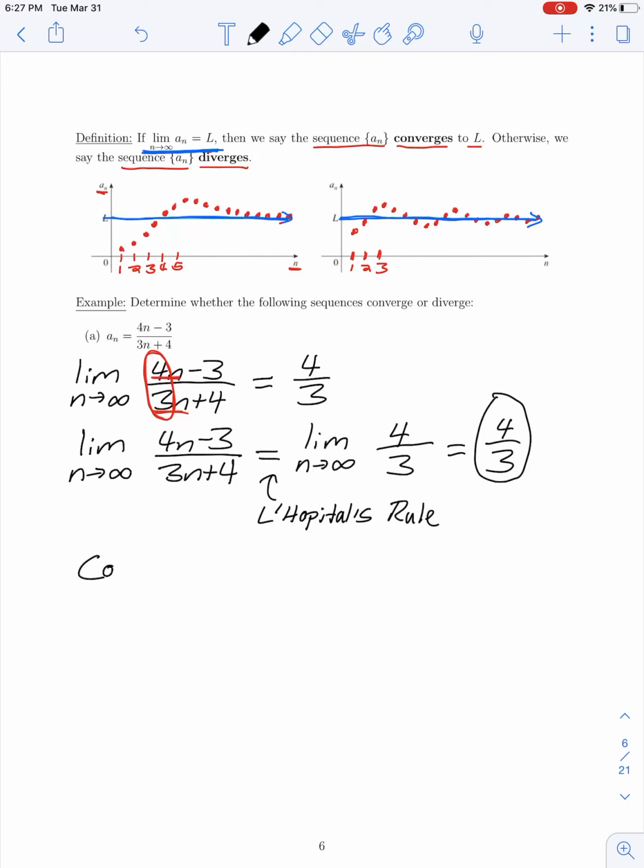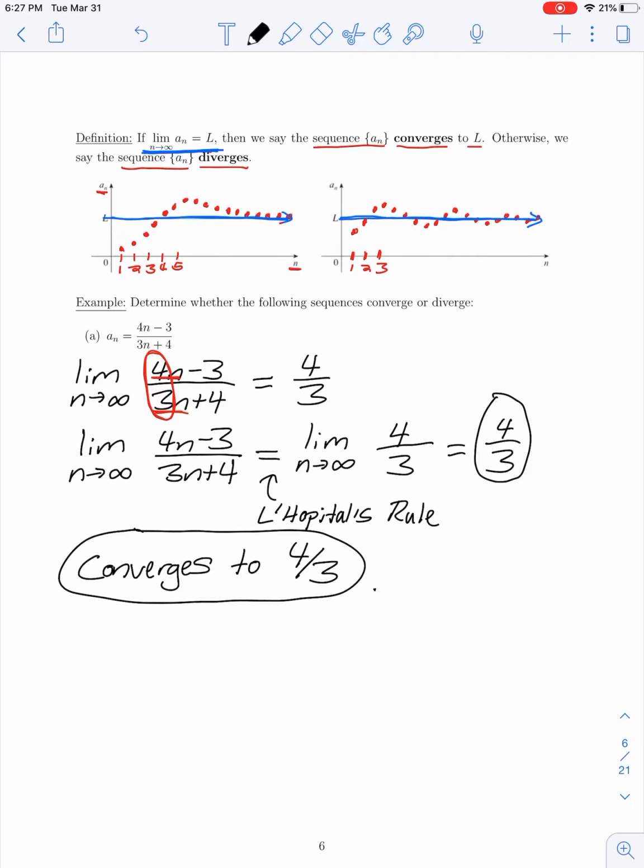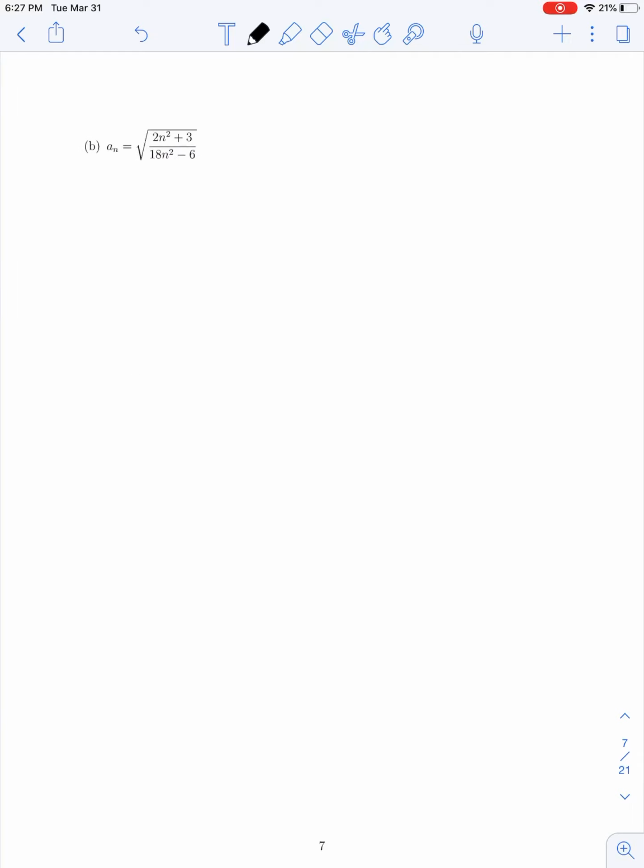But regardless of how we evaluate this limit, we get a limiting value of 4/3. And the terminology that we would use for this infinite sequence is that the sequence converges to 4/3.